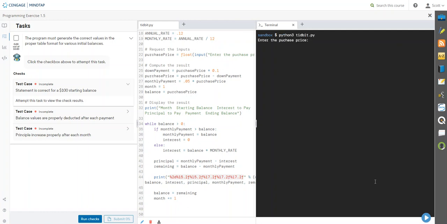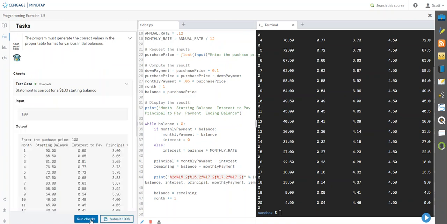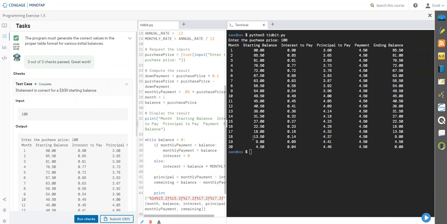Start it. $100. Enter. There it goes. Let's see if this likes what we did. And there it goes. Now, had I stretched this out a little bit more, it would have looked prettier.